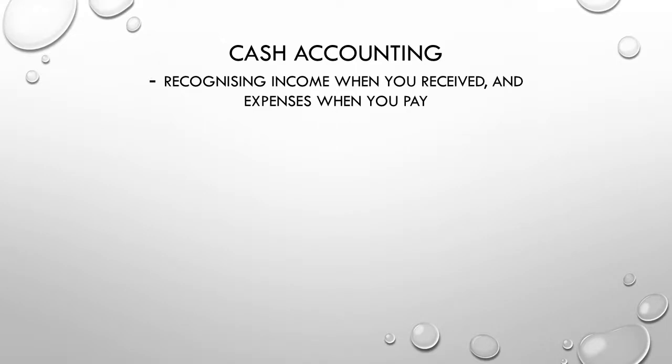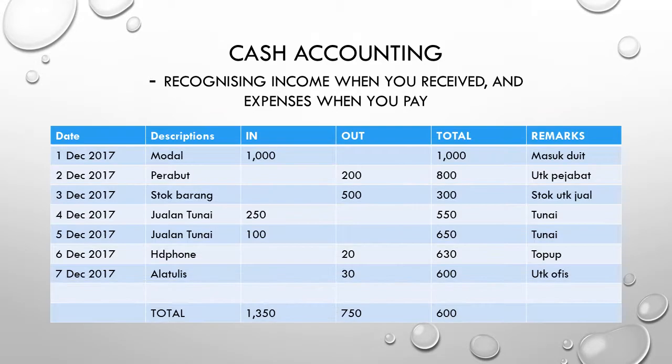Okay, this slide is the same as the previous slide. It's just that I would like to emphasize that we recognize income when we receive and expenses when we pay, being cash accounting, meaning we only deal in cash. So anything coming in, we will recognize as income.